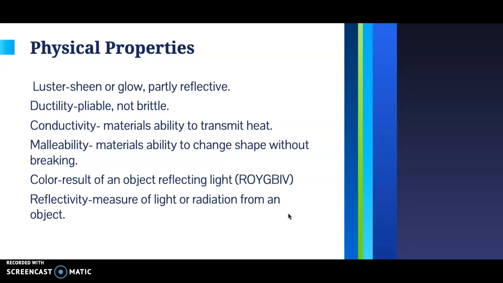Physical properties are obviously observable, but when you move with the material, you can also tell some of these physical properties. Metals are highly conductive. They transmit heat and energy.